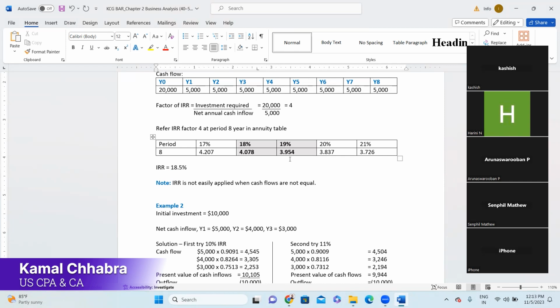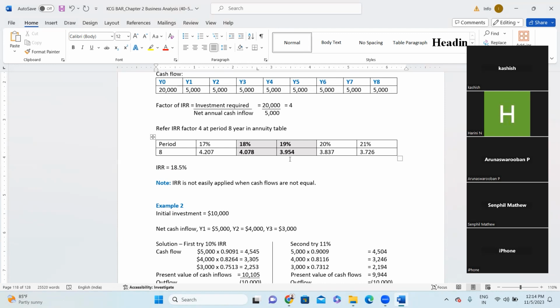So 46 divided by 124 is 0.37. So 18.37 will be the number here.